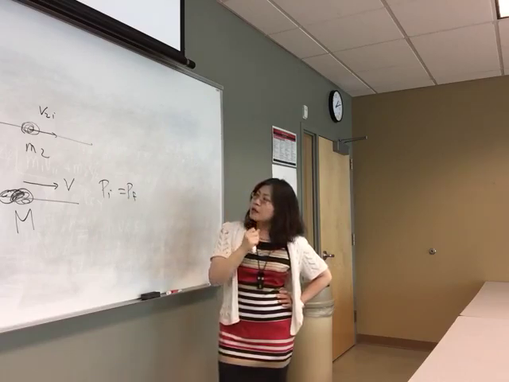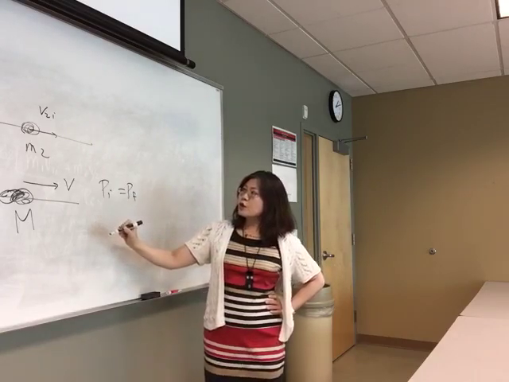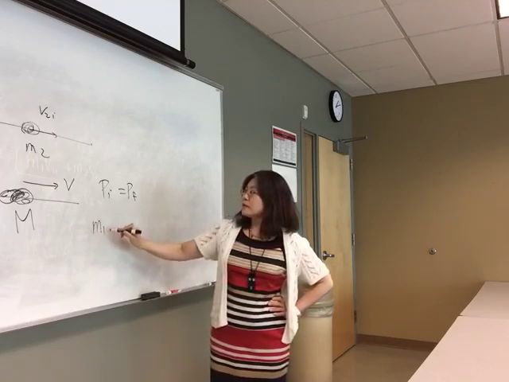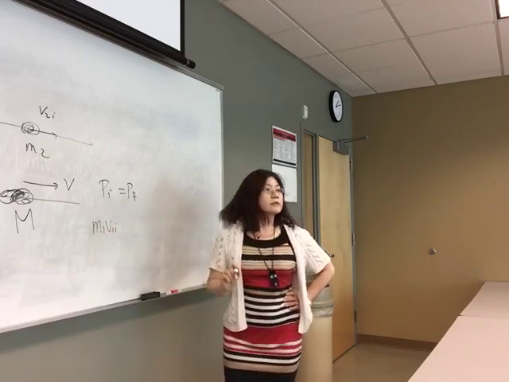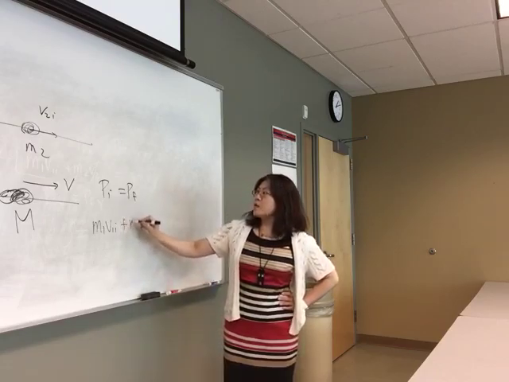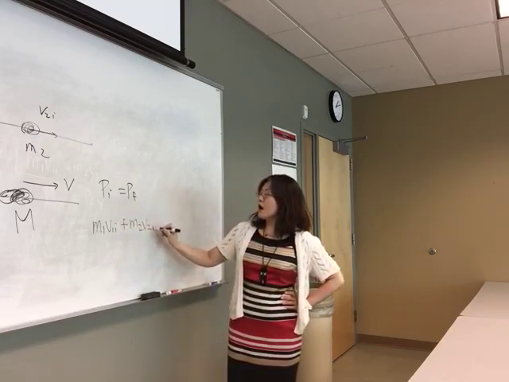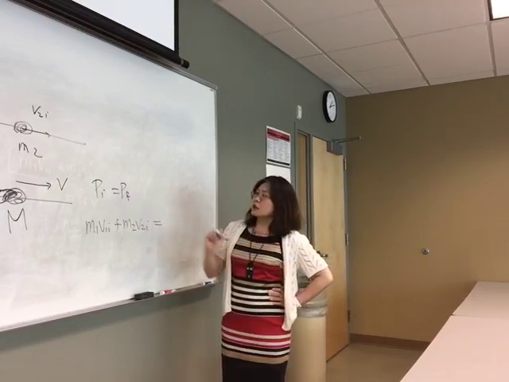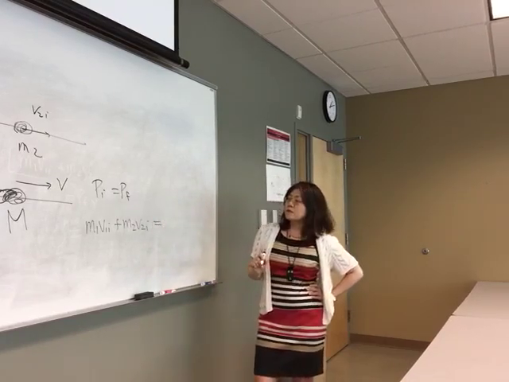So now, what will be initial? Initial, that will be M1 V1i plus M2 V2i. That's your initial momentum, right? After collision, what would that be?